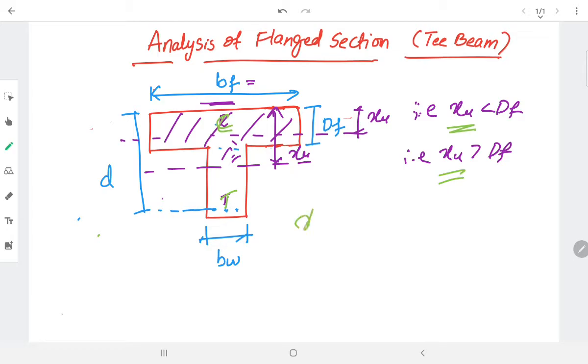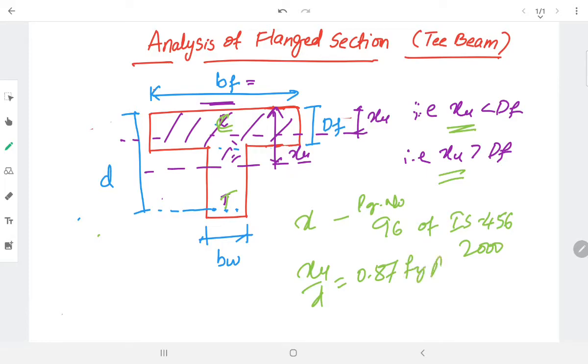based on the previous calculation, that is from page number 96 of IS 456 2000. In that we have the equation xu by d is equal to 0.87 fy ast divided by 0.36 fck bd.